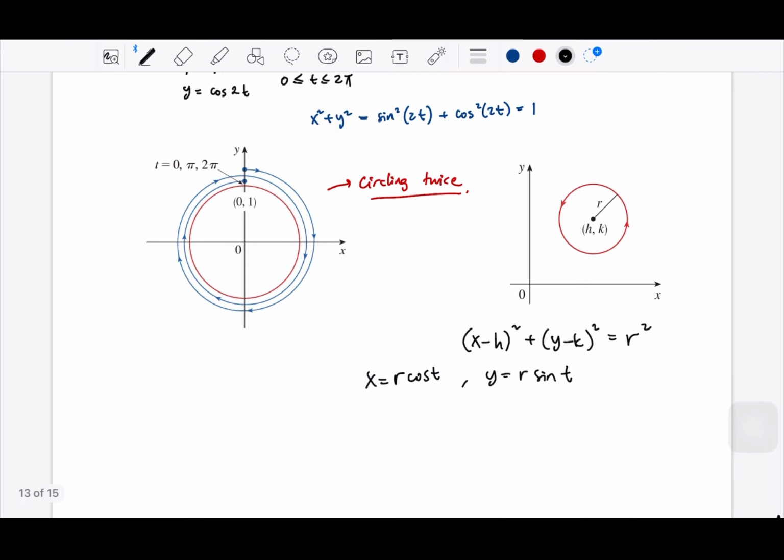And then this will be shifted. This is h units, this is k units. So this is original, this is shifted. This will be x equals h plus r, and this will be y equals k plus r.